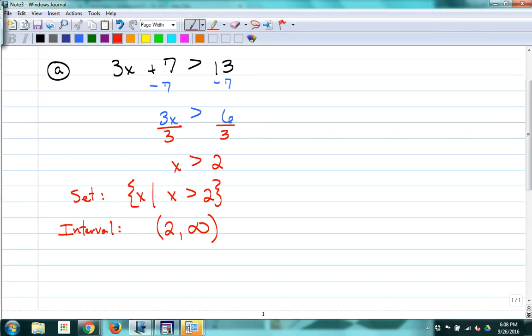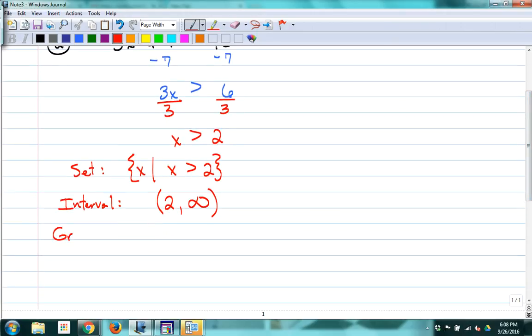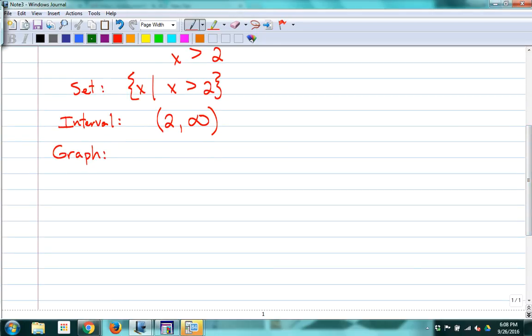Okay. And then one other way that you might be asked to show the answer is on a graph. And that would be a number line graph. Not a coordinate plane, but just a straight number line. So 0, 1, 2. And the way your number lines are constructed is you're going to look at that number, and it's a lot like the interval notation. If it's x is greater than 2, then it's going to go this direction from the 2.